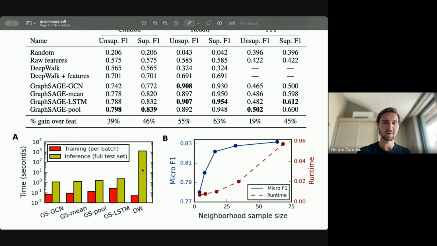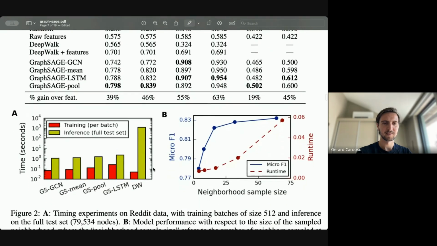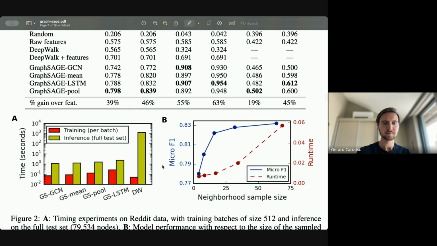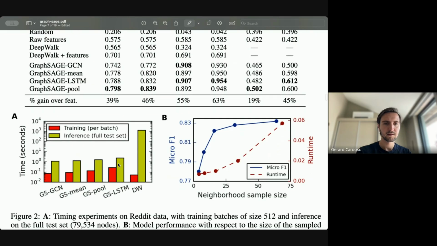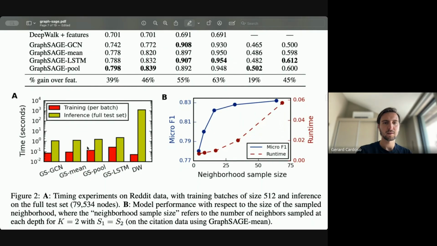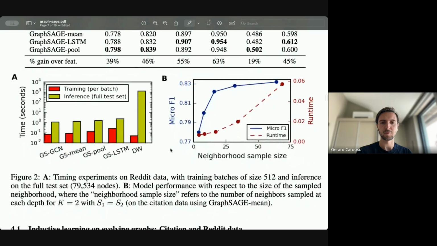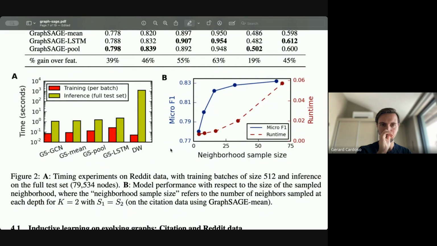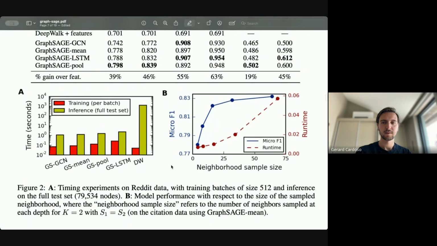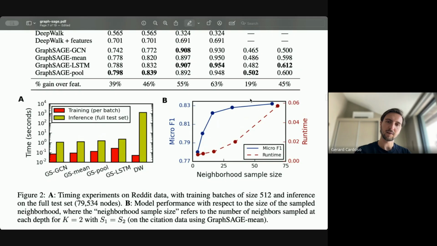You can see the inference, this is a log scale. So effectively the inference is like 100 times slower. Or is it 1,000 times slower? Yeah, it's a massive improvement in terms of the speed of inference.